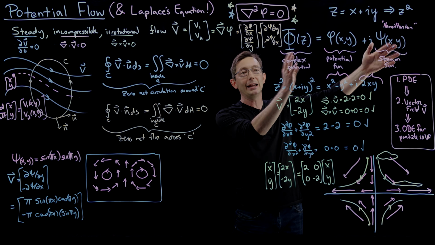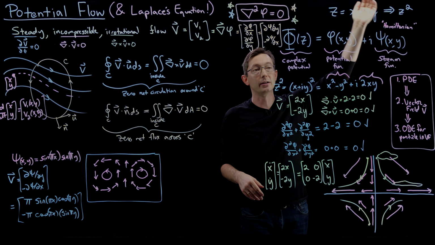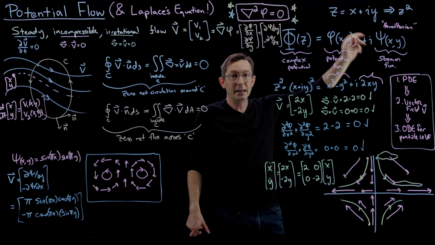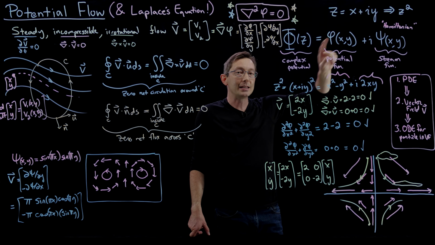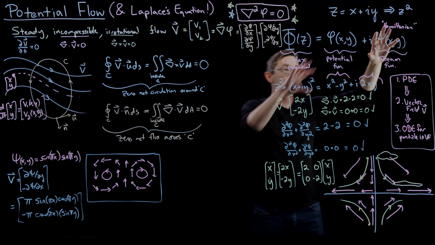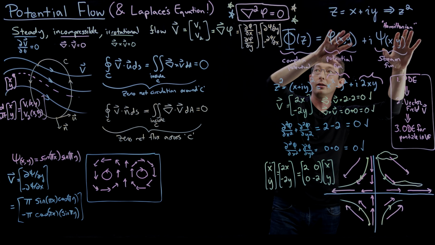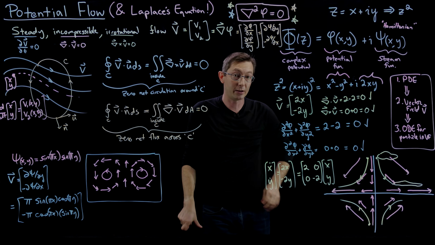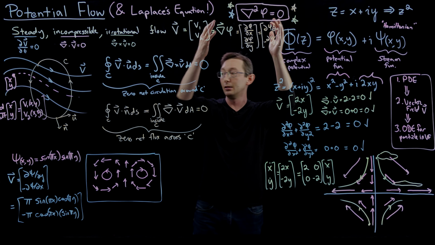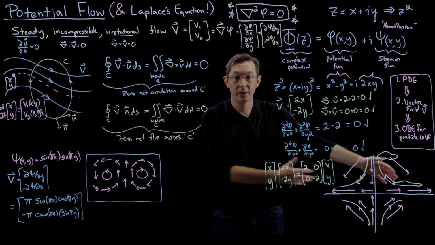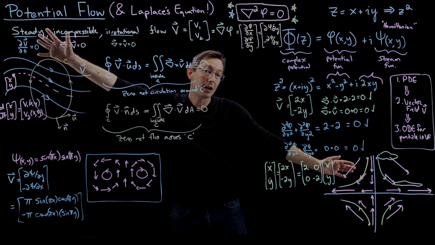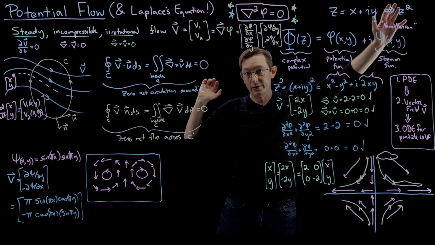And it turns out that any analytic complex function, z squared, z cubed, z to the fourth, any polynomial in z, cosine of z, sine of z, e to the z, log of z away from the origin, will establish these analytic functions, these harmonic real part and imaginary part that are solutions of Laplace's equation. And so these will give you potential or stream functions that can be used to derive these vector fields. So this gives you an entire infinite family of vector fields that satisfy these properties from these simple complex functions.